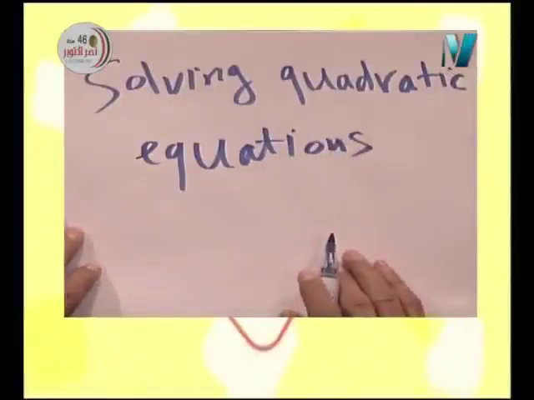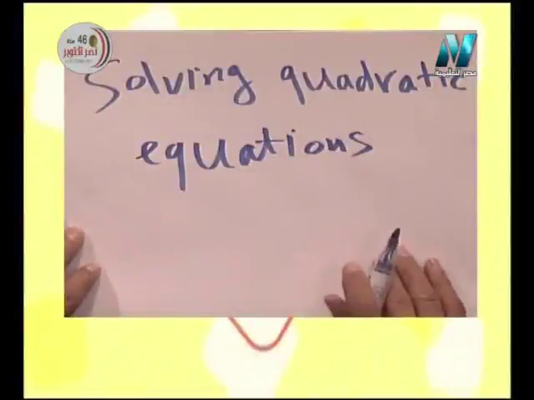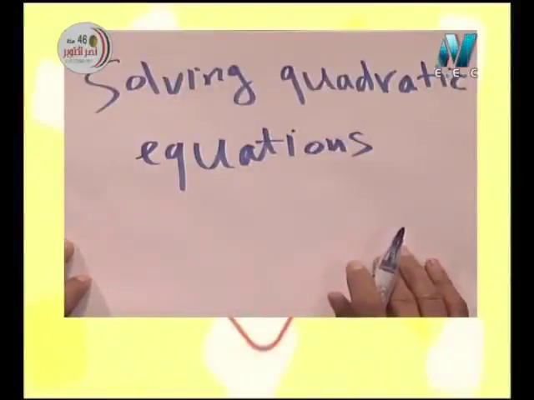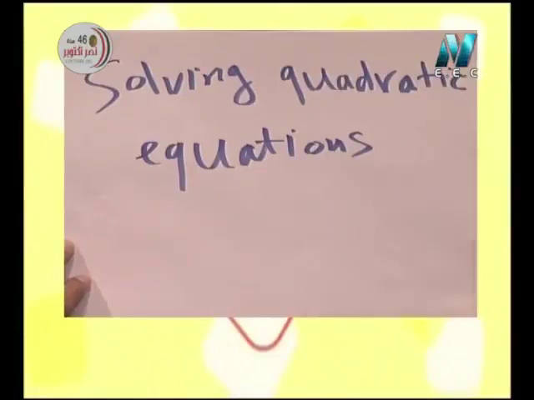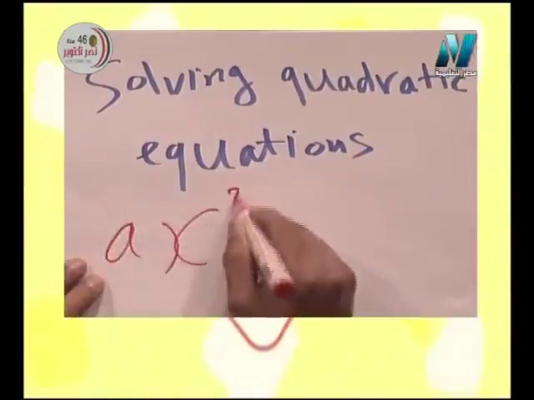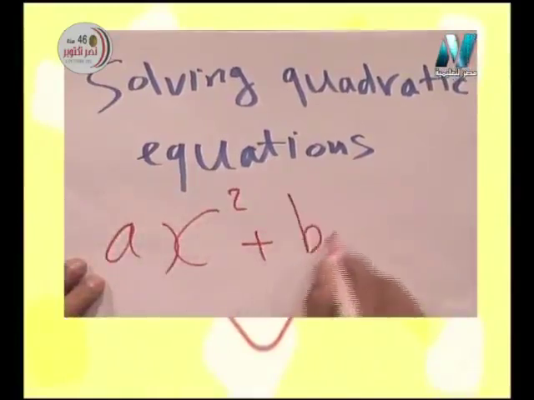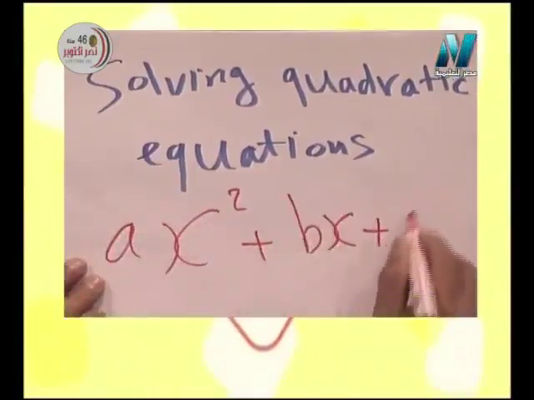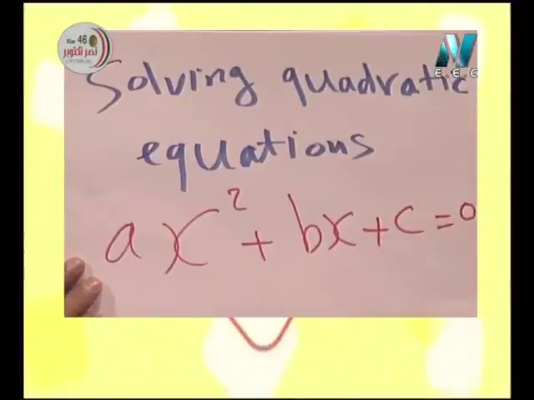What are quadratic equations? A quadratic equation means an equation of second degree, as ax power 2 plus bx plus c equals 0.